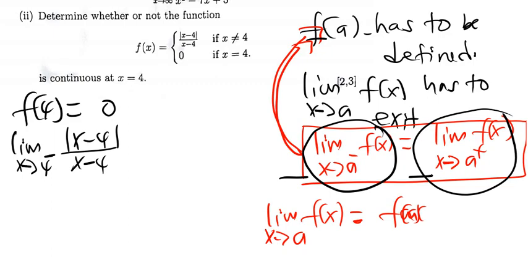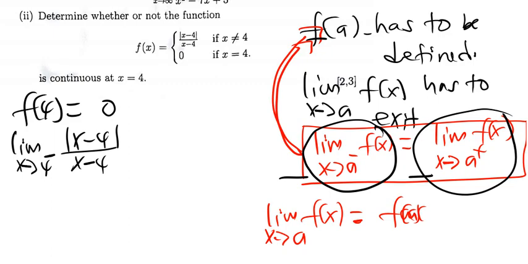I can't plug in 4 exactly because the condition is that x should not be equal to 4. Once I plug in 4, it's going to be undefined. So I'm going to use a number which is less than 4, just closer to 4. I'll use 3.9.